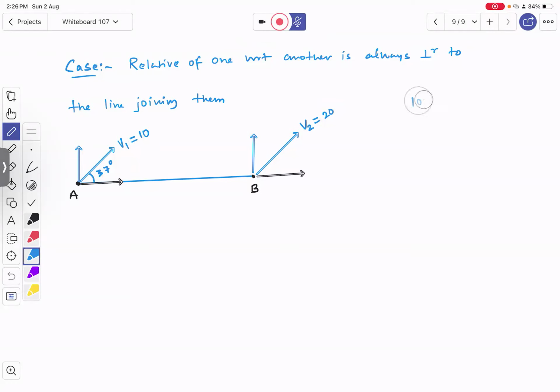So 10 into 4 by 5 is going to be 8, no? So I want something into 3 by 5 to be equal to 8. Then I will divide this by 2.